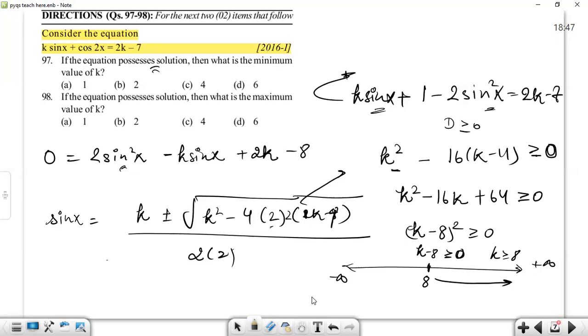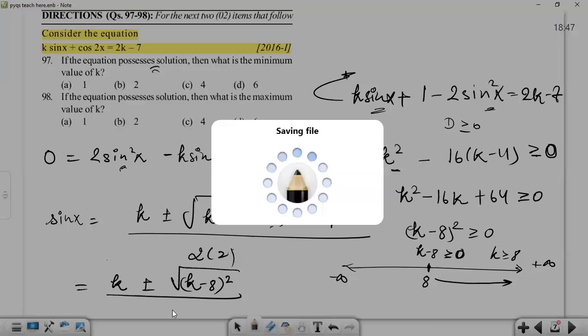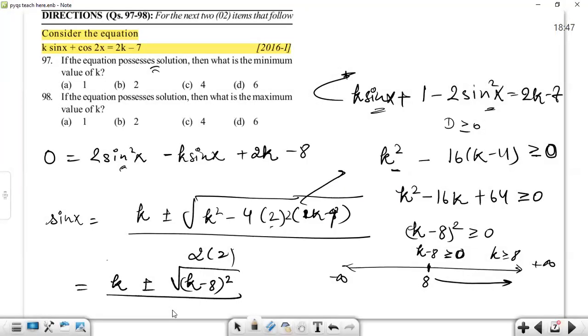Basically, let's rewrite our form. We have simplified d as k minus 8 whole square, divided by 4. So the square root will cancel the square.